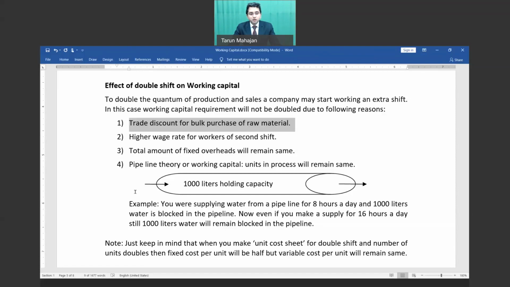When I consume double raw material, probably I'll become a favorite of my suppliers and they will give me some discount, which is named as trade discount for bulk purchase of raw material. And that way, as far as units are concerned, raw material stock will be doubled. But the amount of raw material stock will not be doubled because now the raw material is cheaper.